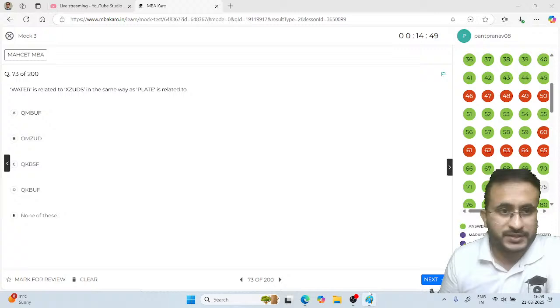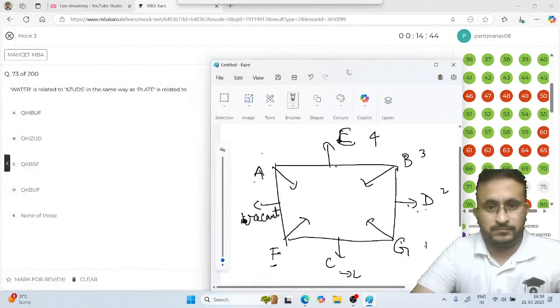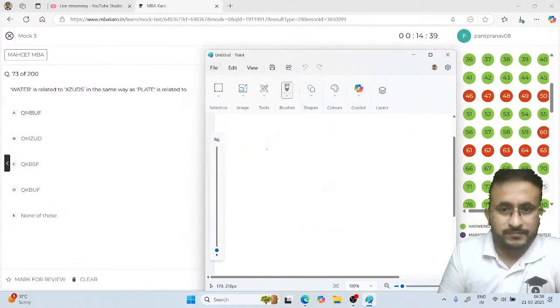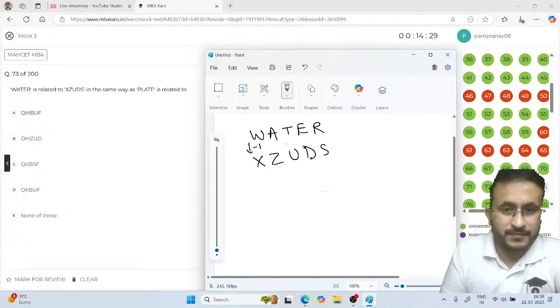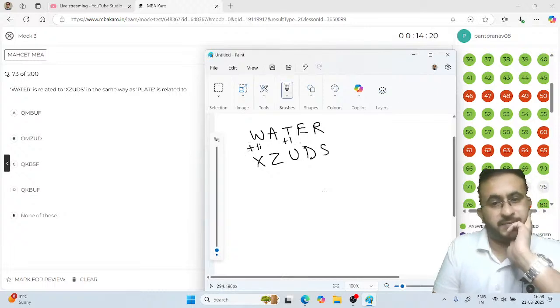Water is related to this. -1, this is +1. W plus 1 is X. A -1, T plus, U -1 plus. So -1 and in between two.